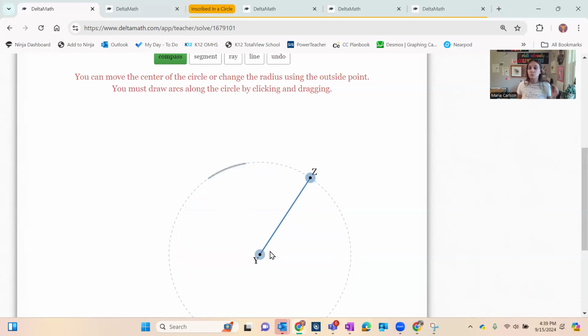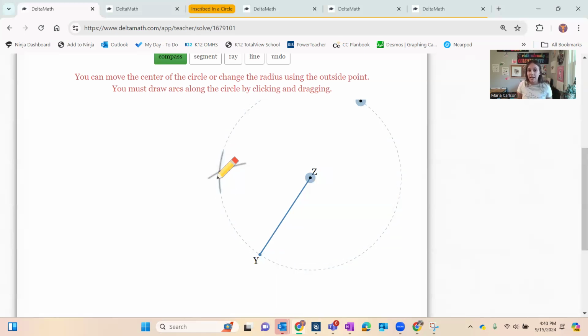Now I am going to move my compass, and remember, you always pick your compass up by the center. I will pick my compass up by the center point, which is currently at Y, and I will move it over to that opposite point on the segment, point Z. And now I can draw an intersecting arc, creating an approximation for this vertex.